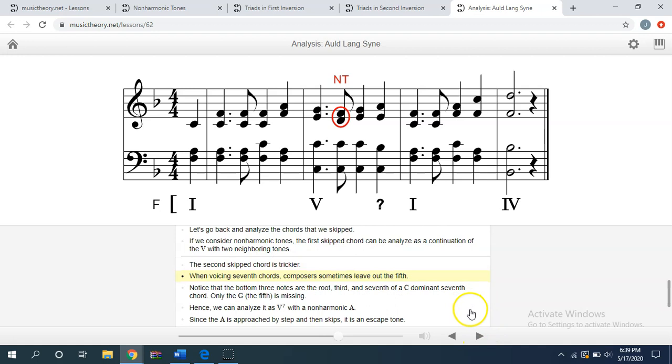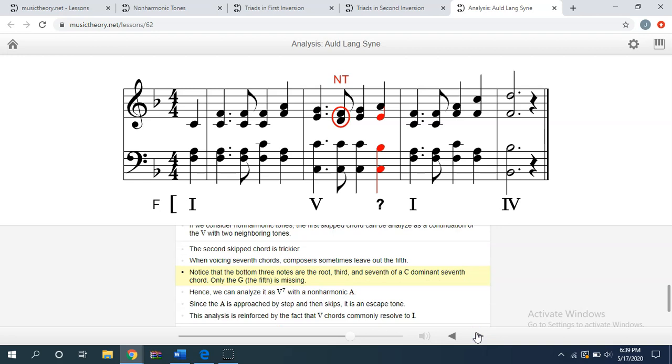When voicing 7th chords, composers sometimes leave out the 5th. Remember, we've got 4 notes in a 7th chord, the 1st, the 3rd, the 5th, and the 7th. Occasionally, composers will leave out that 5th. But notice that the bottom 3 notes are the root, 3rd, and 7th of a C dominant 7th chord. That would be C, B flat, and E. C, E, skip G, B flat.